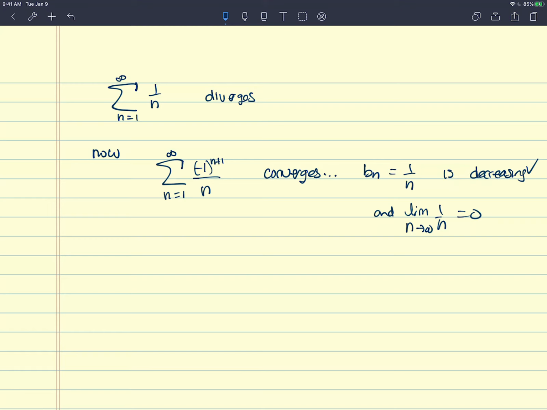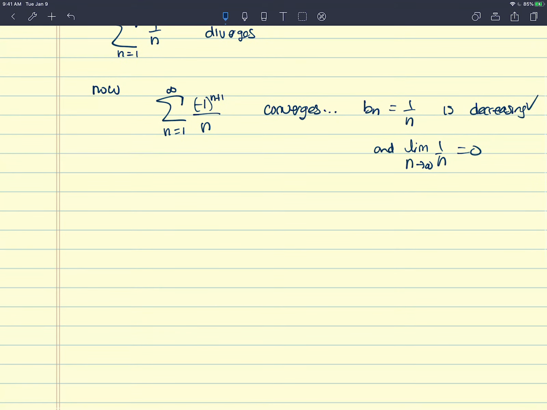But now we know something even more, that, for example, if we want to estimate using the first 10 terms, say, what I'm saying is S10 would be the sum from n equals 1 to 10 of negative 1 to the n plus 1 over n.